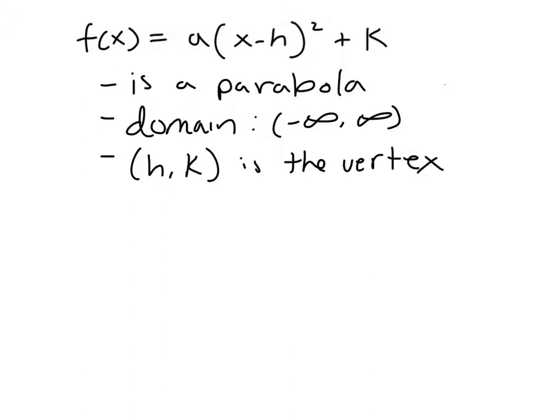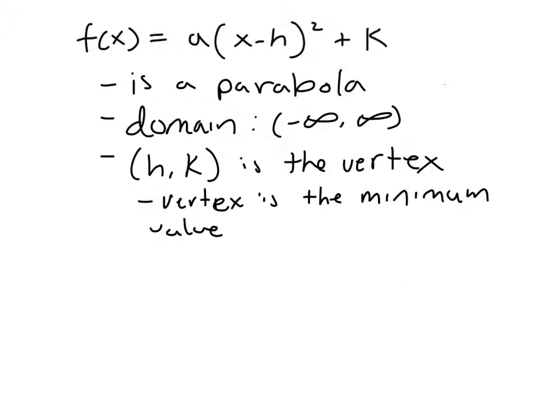Next, h comma k is the vertex. The vertex is the minimum value that the function can obtain if a is positive, because if a is positive, we open upwards.